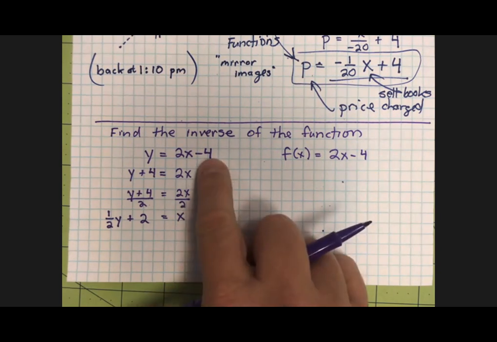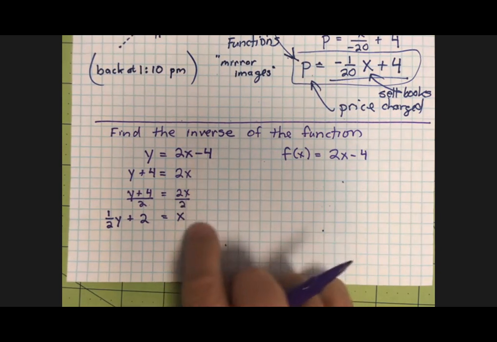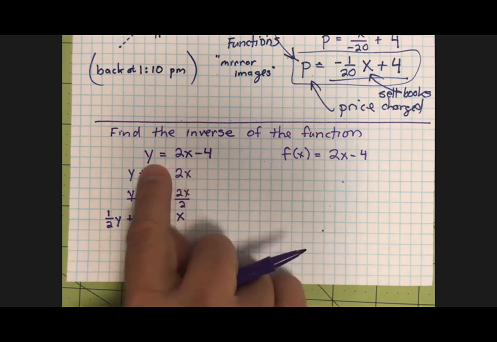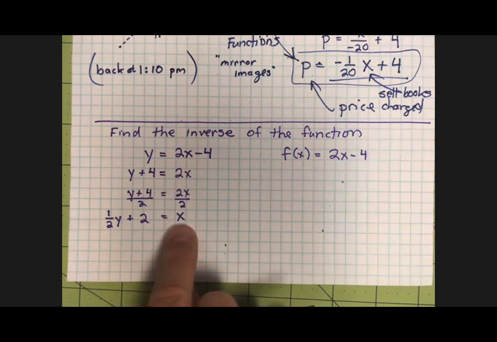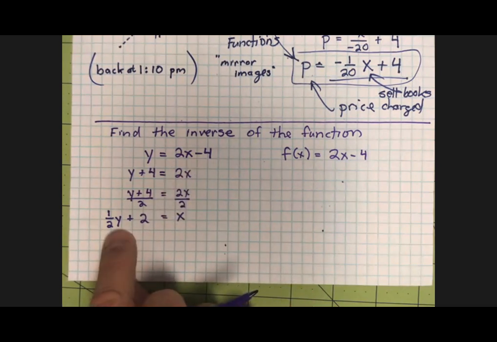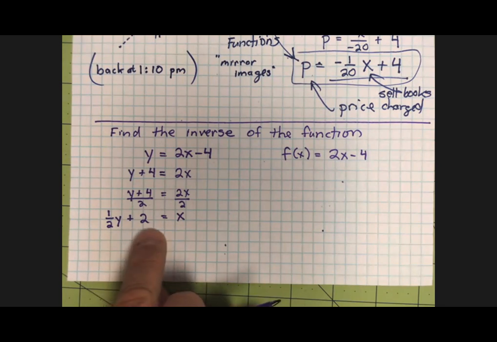Now I haven't changed the original function, I've just rearranged it. Now I've written x as a function of y right here. It's a different function than the original. The original function says take x, double it, subtract 4. This new function says take y, cut it in half, and add 2.